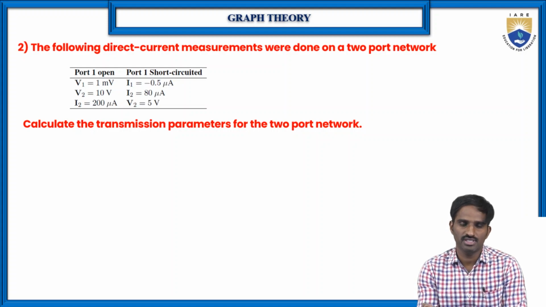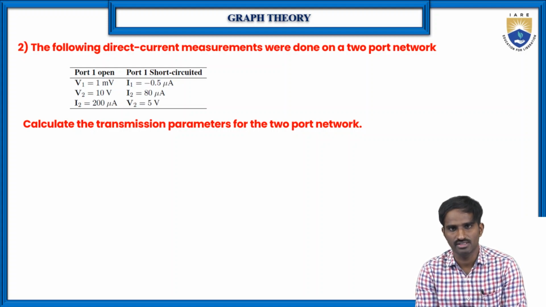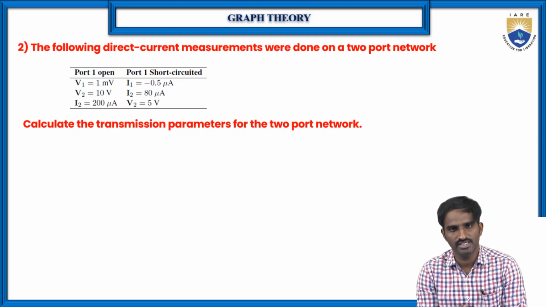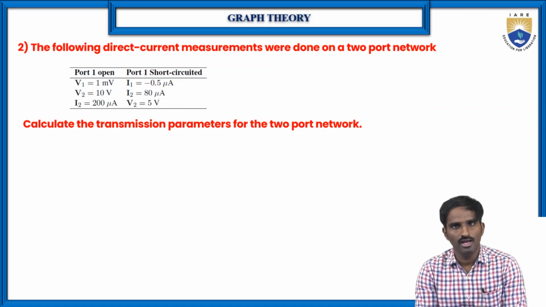Port 1 is nothing but the output side, okay, let us consider. While making the output side an open circuit, what are the two parameters that we can find, as in the previous case that we have seen? Those are A and C. And by making the output terminal a short circuit, which means making V2 equal to 0, the other two parameters that we can find are B and D.